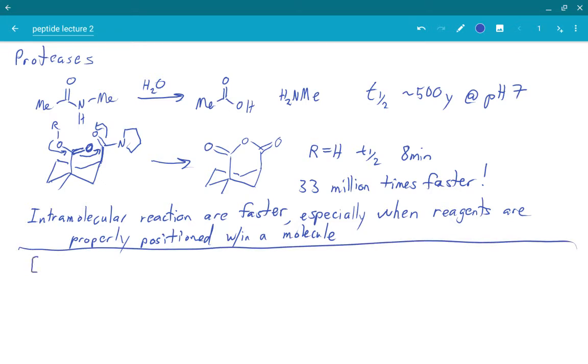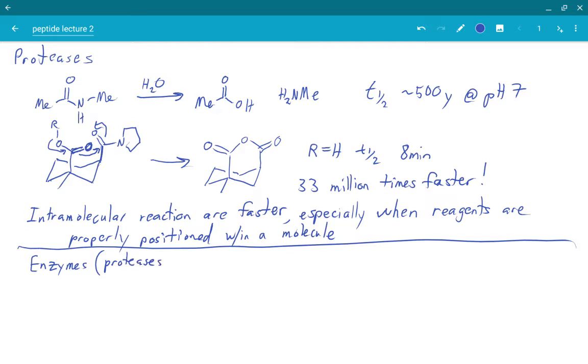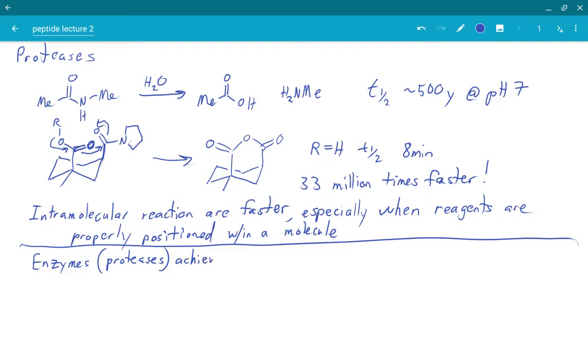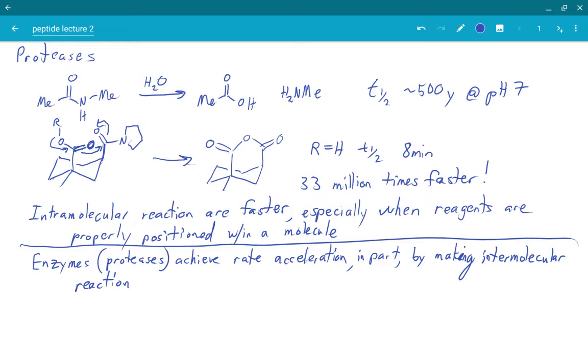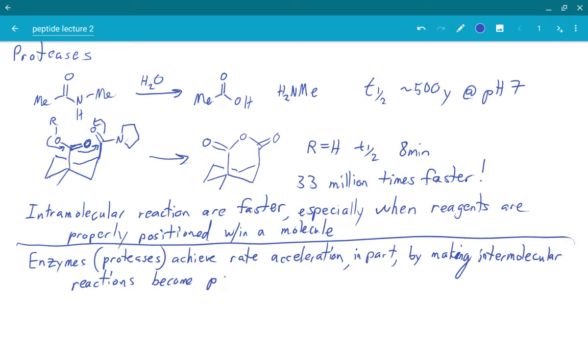So I think it's a reasonable extension of that to say enzymes, and in this context, we're talking about proteases, which are enzymes that hydrolyze amide bonds, achieve rate acceleration, at least in part, by making intermolecular actions become pseudo-intramolecular.